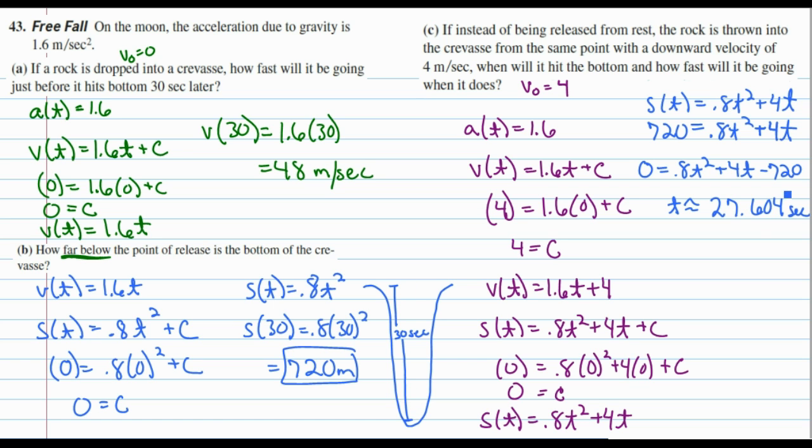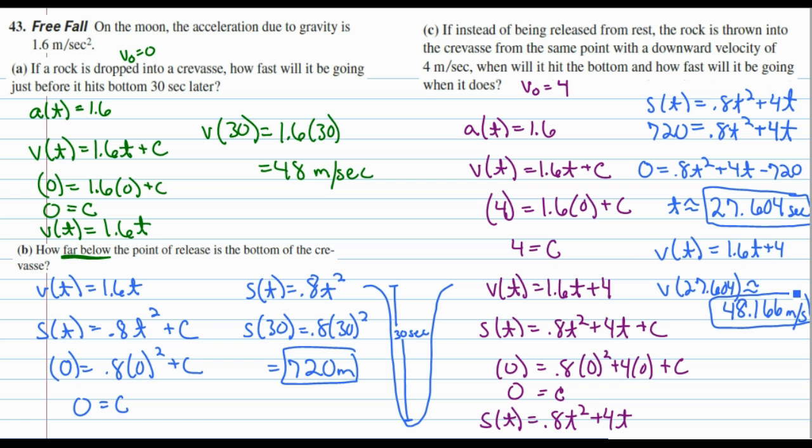And now I can take that time and plug it in to find what velocity the object was traveling at that time. At 27.604 seconds, I get that it was traveling at about 48.166 meters per second, which was slightly faster than it was traveling when it was just dropped.